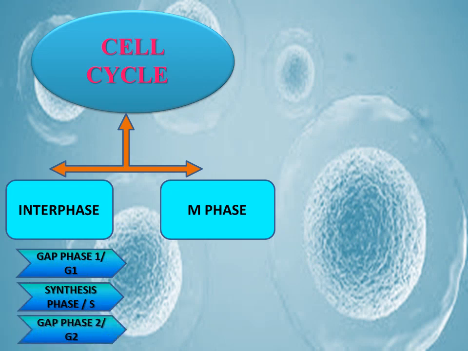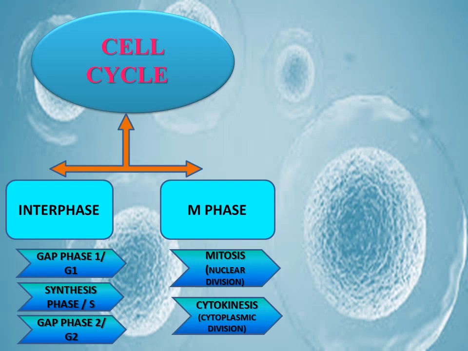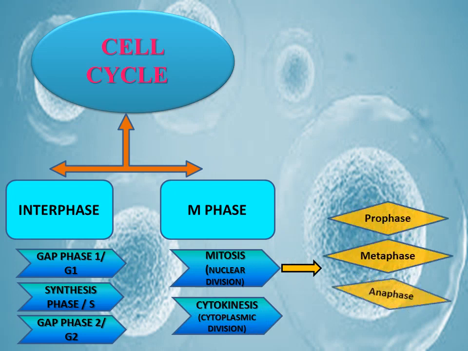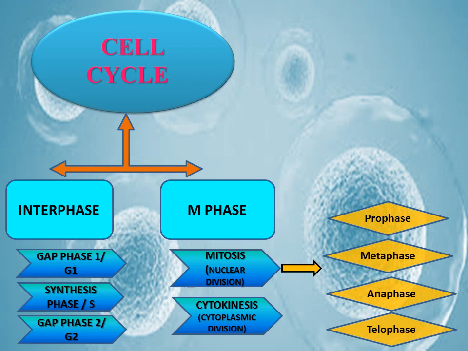M phase is divided into mitosis, which is otherwise called karyokinesis, where the division of nucleus takes place, and cytokinesis, which means the division of cytoplasm. Mitosis is further divided into prophase, metaphase, anaphase, and telophase.